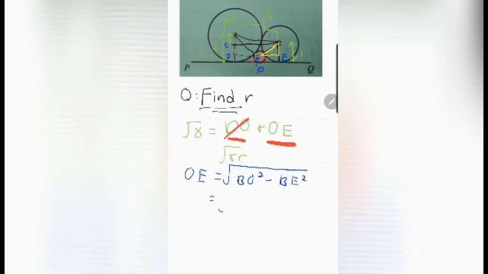The length of BO is equal to the radius of B plus the radius of the smaller circle, R, and the length of BE is equal to the radius of B minus the radius of the smaller circle, R. You just need to understand the diagram carefully. This is the same as how I taught you to obtain DO. So calculate the equation and you must get surd 4R.